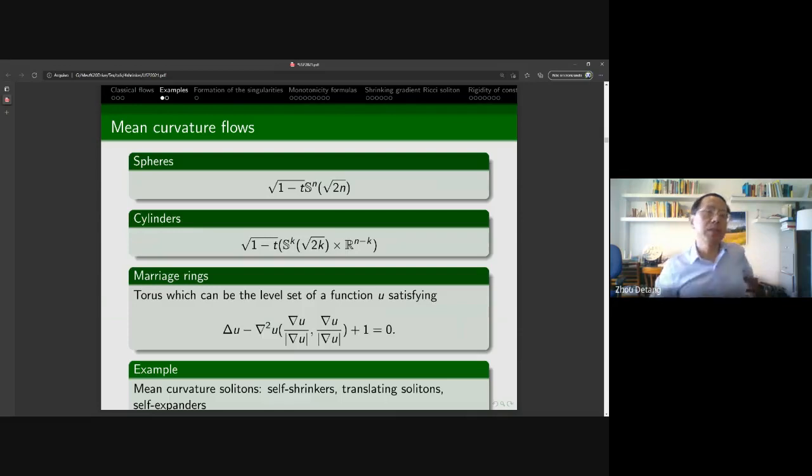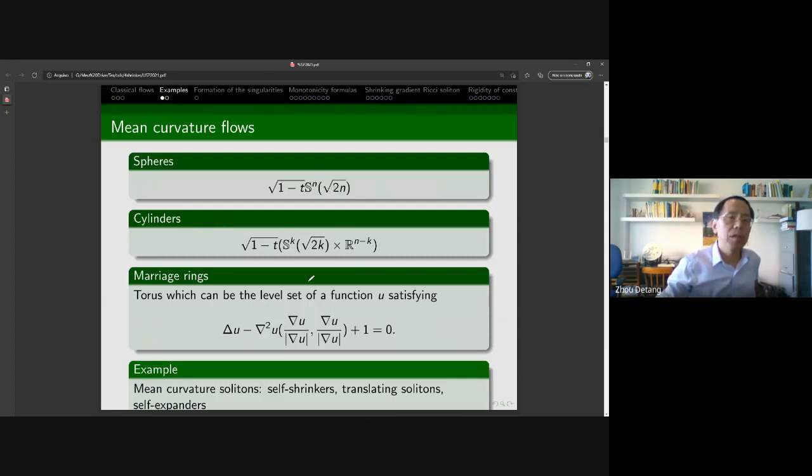So here are some examples which I put here, comparing the mean curvature flow and the Ricci flow. For example, the sphere is an example. That's the cylinder.